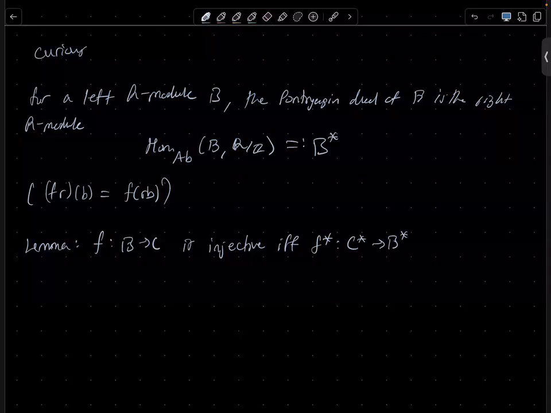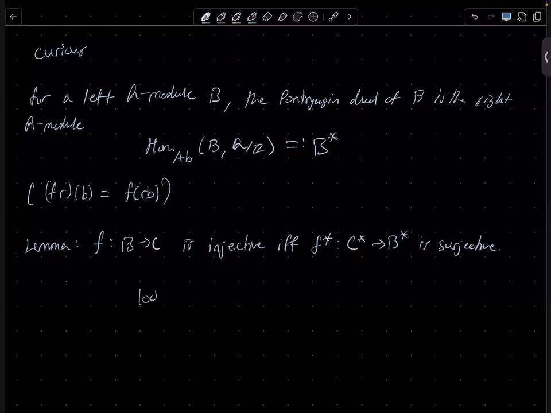So f from B to C is injective if and only if this dual map f star from C star to B star, which is the one you get after applying the contravariant Hom with Q mod Z, is surjective. Not a bad proof because Q mod Z is an injective module, so Hom in Ab of dash into Q mod Z is exact.